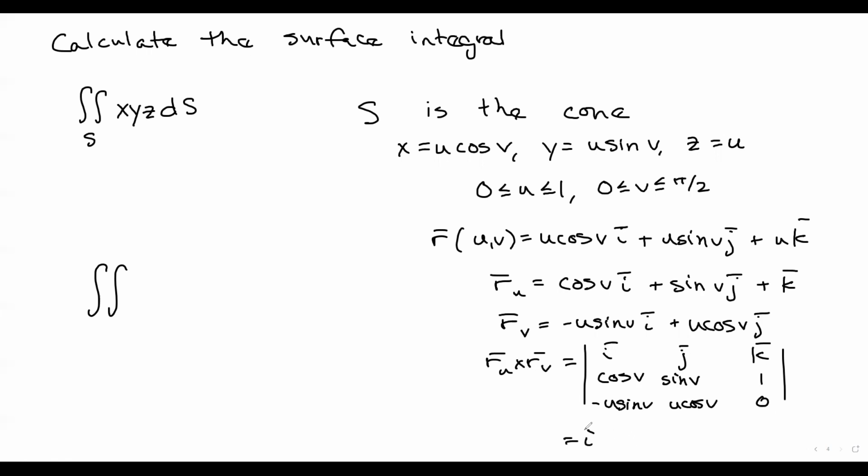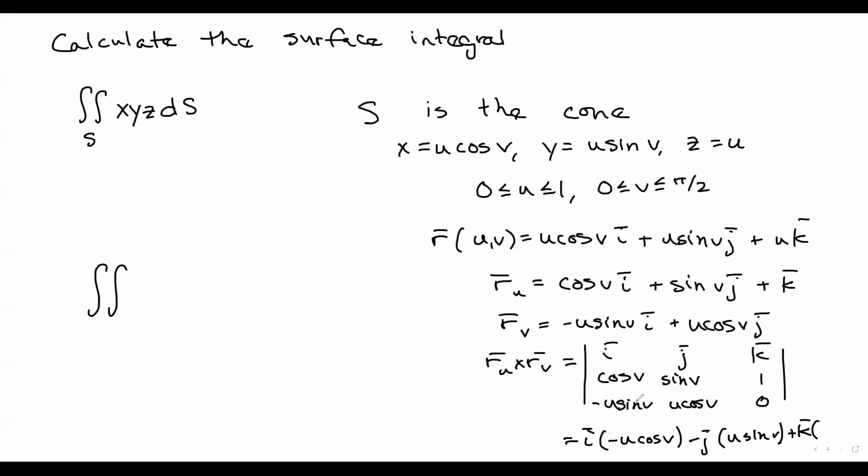So we're going to get i times 0 minus u cos v, minus j times u sine v, and then plus k, and it's going to be u cos squared plus u sine squared.